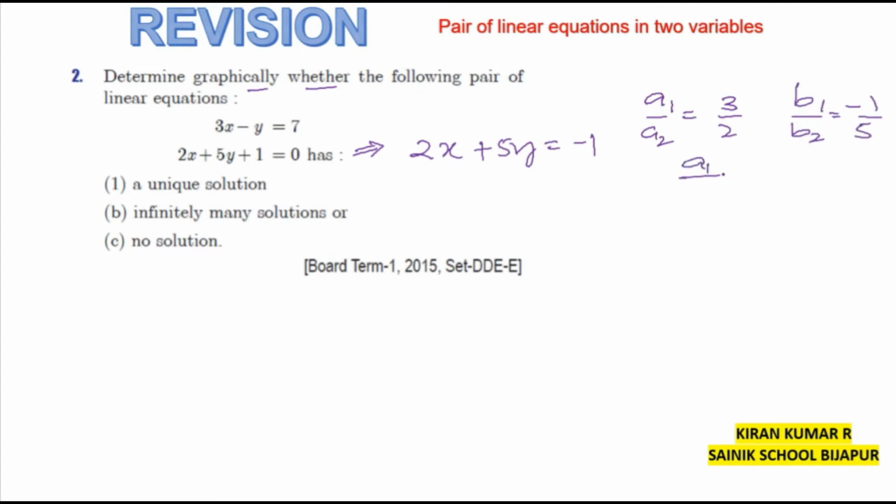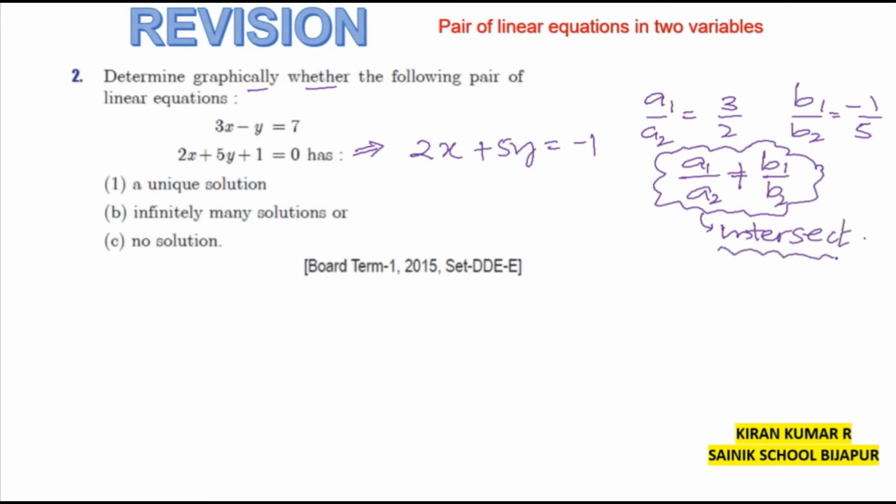Clearly, a1 upon a2 is not equal to b1 upon b2. This was a condition for the lines which intersect. So whenever the lines intersect, you'll be having a unique solution. So the first option is correct, but we have to determine it by the graphical method.